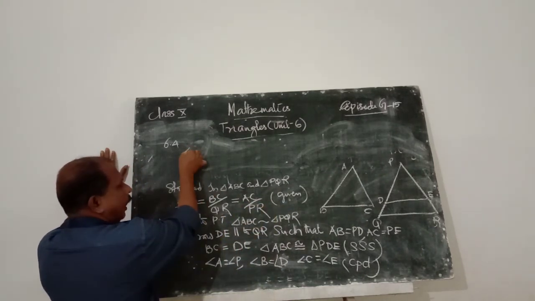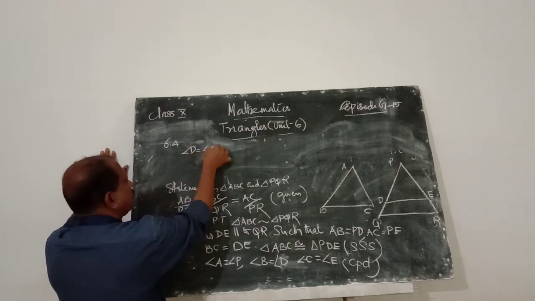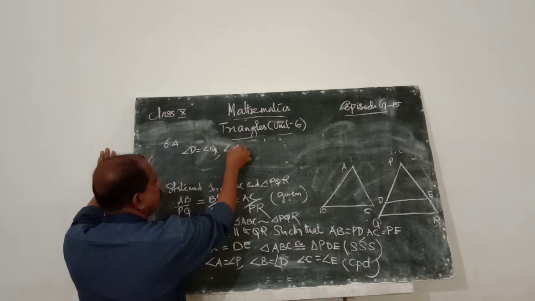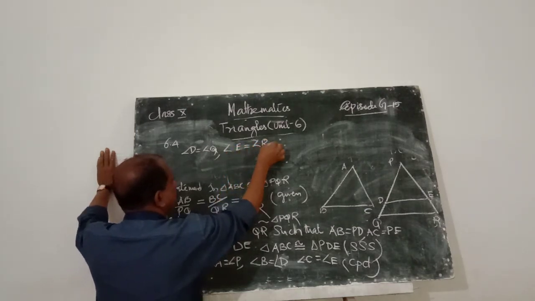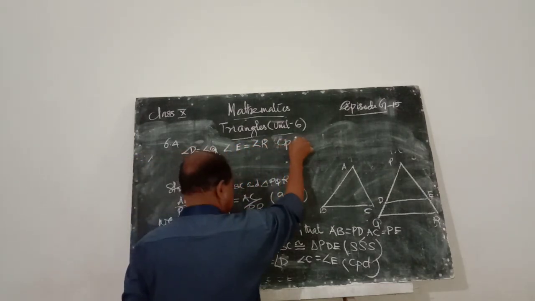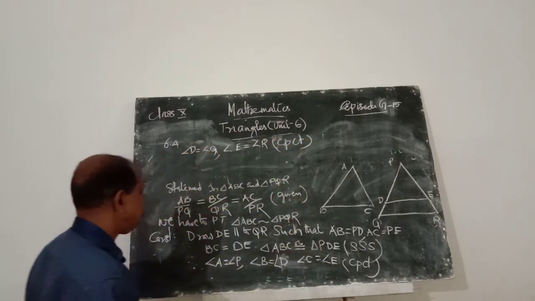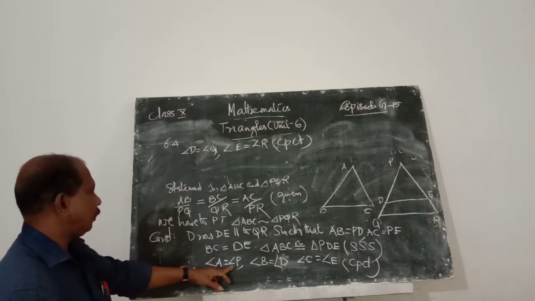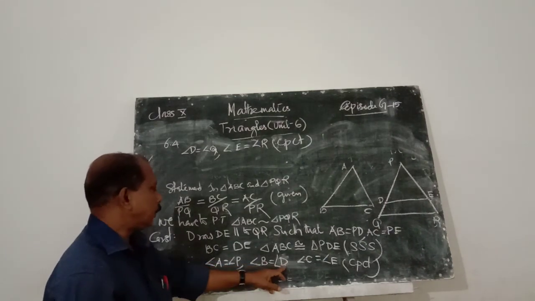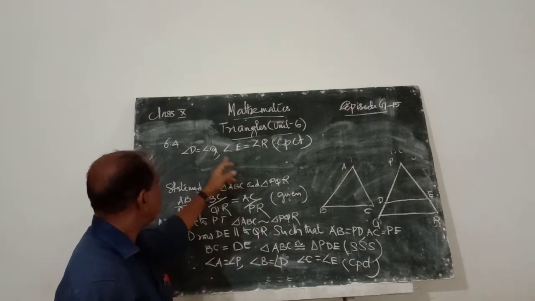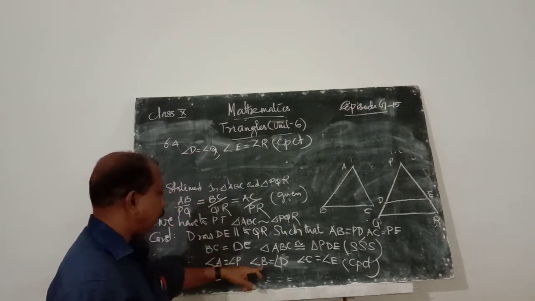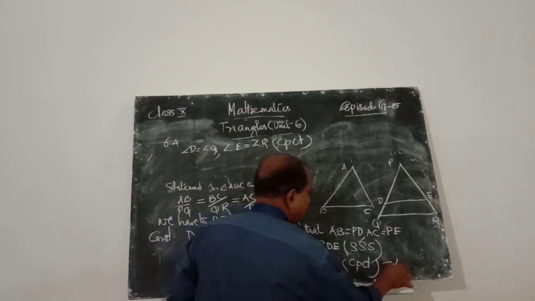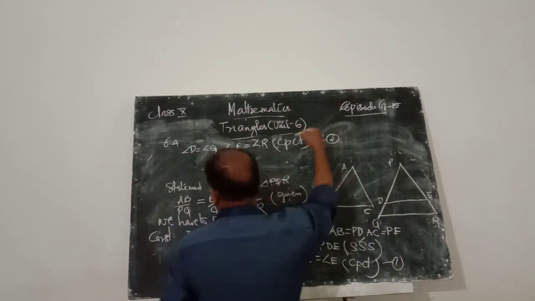Therefore, angle D is equal to angle Q, angle E is equal to angle R. That is corresponding angles. Angle A is equal to angle P, angle B is equal to angle D. Angle D is equal to angle Q. This is 1, this one is 2.